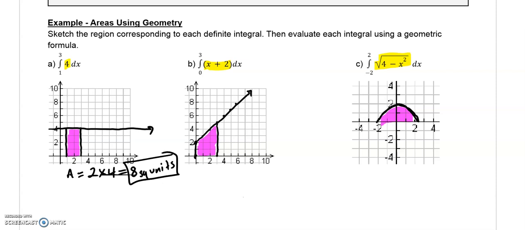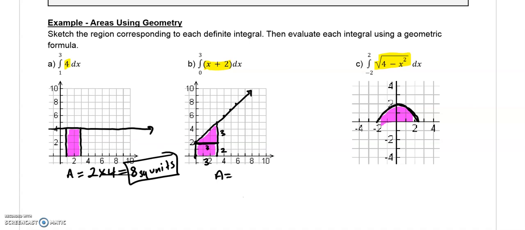Looking at the second one, you should notice that is a trapezoid, so the area is going to be a little bit different for the trapezoid. The way that I decided to do this one instead is to break it up into a rectangle and a triangle. So looking at the first one, you have an area for the triangle. You have 3 by 3, because this is 3 here, this is 3 here.